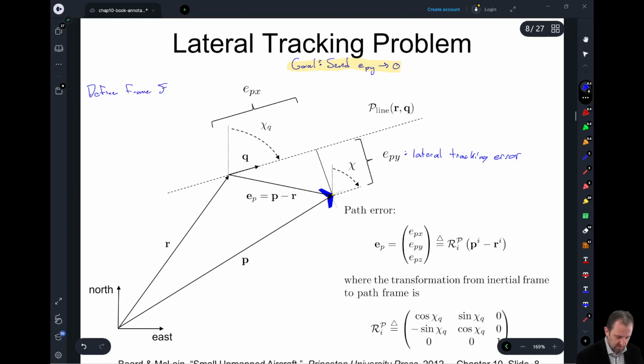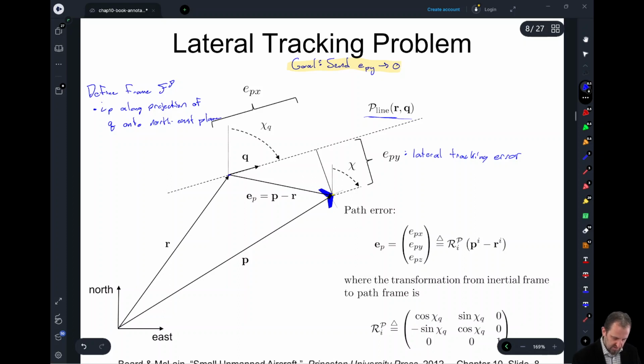We'll call it frame P for being along this line, where, again, IP is along the projection of Q onto the northeast plane.